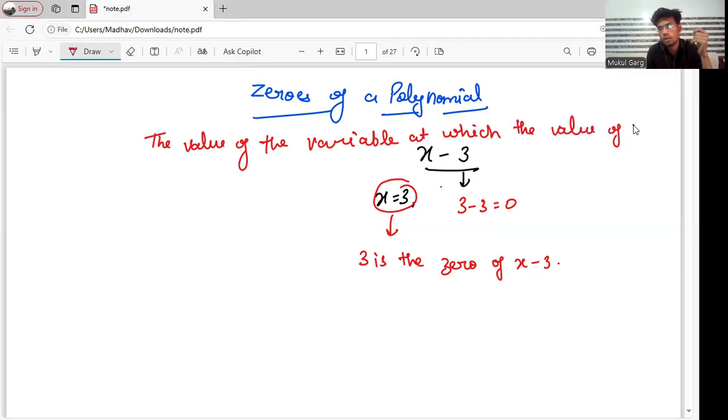This is what we call the 0 of the polynomial. I hope this is clear to all of you.